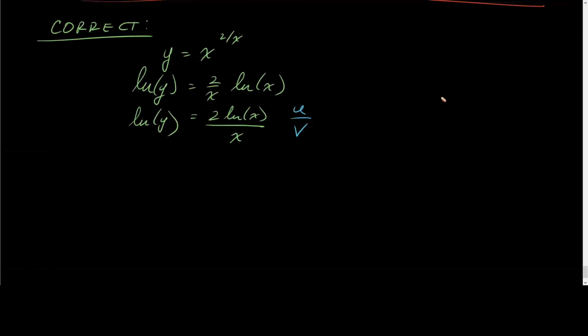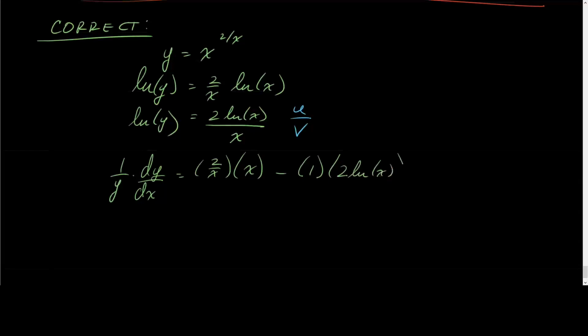So now, the derivative of the left, the derivative of ln of something is 1 over that something times the derivative of the inside. So that's dy dx, right? Over here, quotient rule, the derivative of the top, 2 over x, there we go. The derivative of the top times the bottom minus the derivative of the bottom times the top all over the bottom squared.